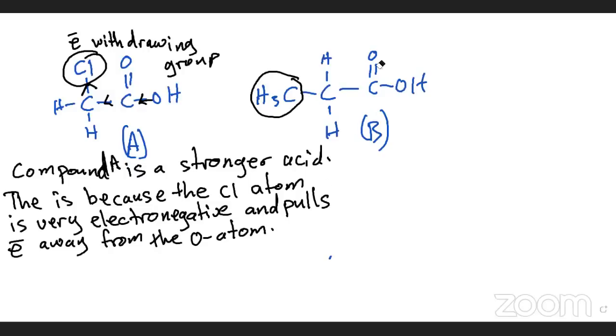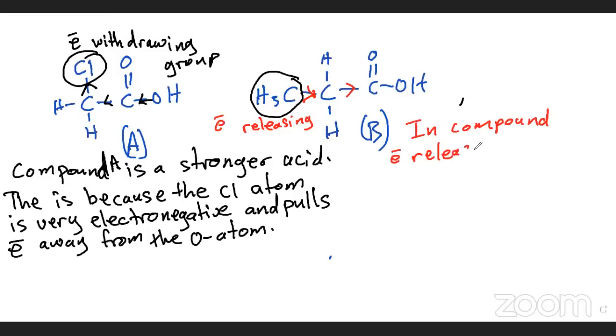All right. For this one, the reverse is happening. Remember, alkyl groups are electron releasing groups. So look, in this one we have the chlorine pulling electrons from the oxygen, while this one is releasing electrons towards the oxygen. So in compound B, electron releasing groups are present.